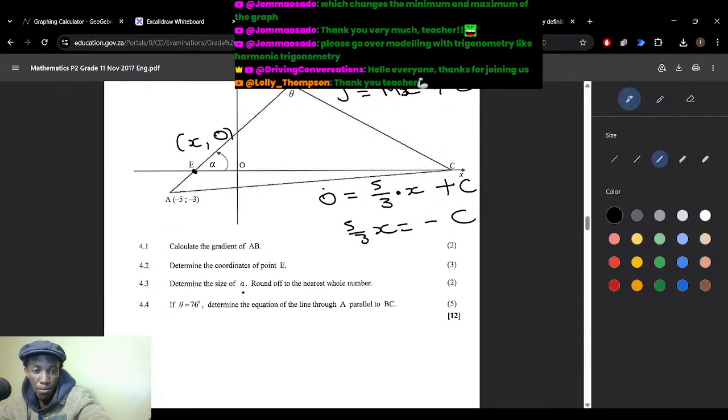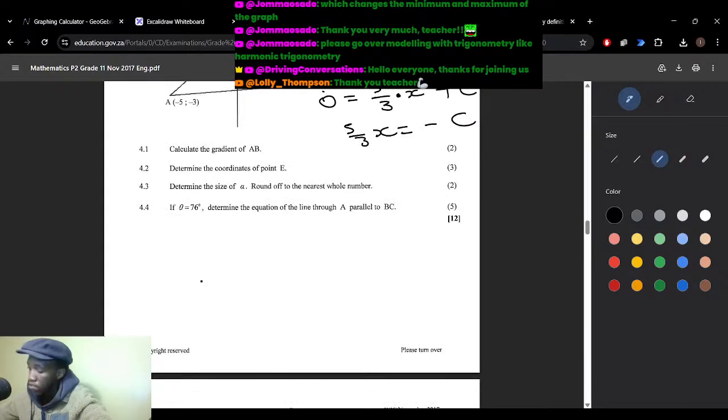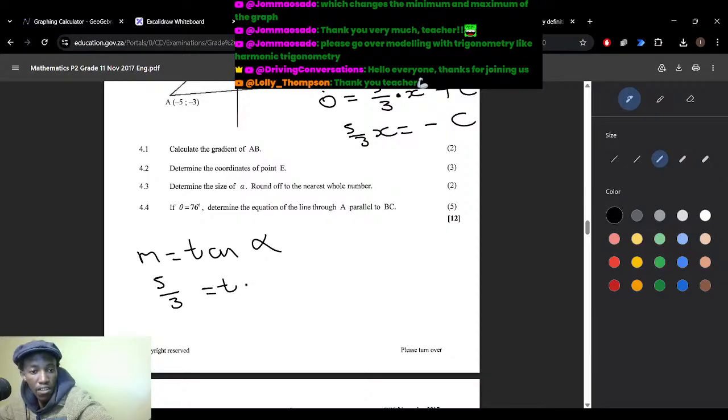Determine the size of alpha, rounded off to the nearest whole number. Okay, since we now have a new way to calculate a gradient, which in this case will be tan of alpha, and we know that our gradient is 5 over 3, we can then calculate alpha, which is alpha equals tan inverse of 5 over 3.